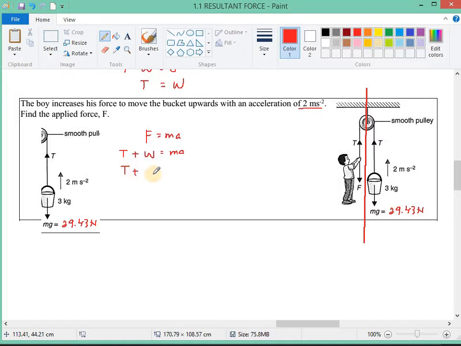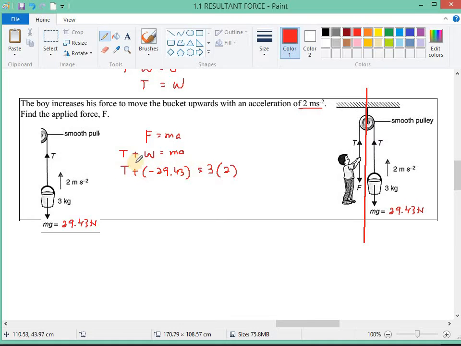So tension plus weight, where weight is downward, so negative 29.43. Mass is 3 kilogram, and the acceleration is 2. So this whole thing is the resultant force that gives the mass of 3 kilogram this acceleration.